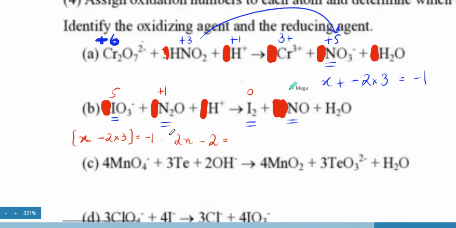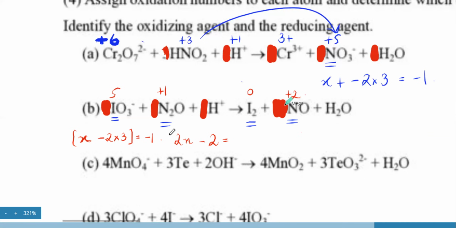Okay, so it doesn't have a charge, that's 0. What about NO? Is that 2 as well? Okay, that's plus 2.